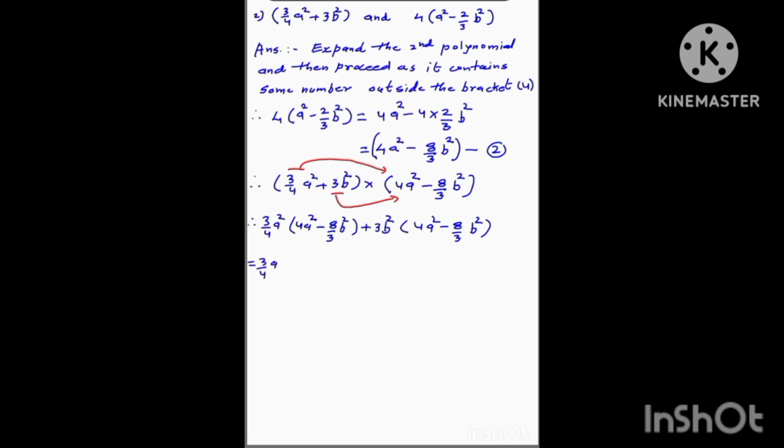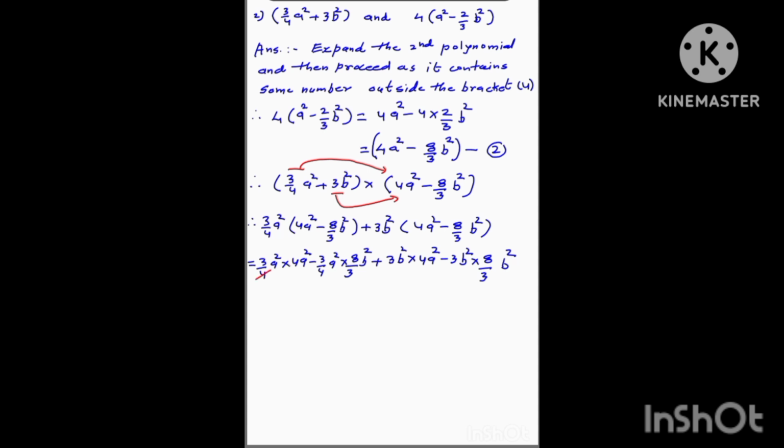3 upon 4 a square into 4a square. Again 3 upon 4 a square into 8 upon 3b square. Now the second term, plus 3b square into 4a square, and again minus, you have to carry the sign of the term, minus 3b square into 8 upon 3b square.